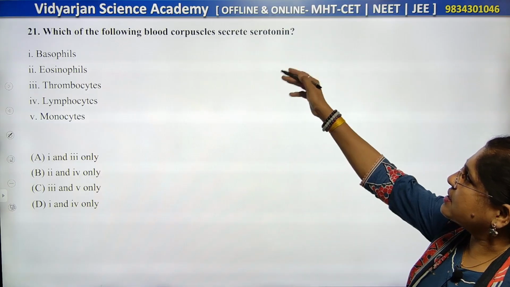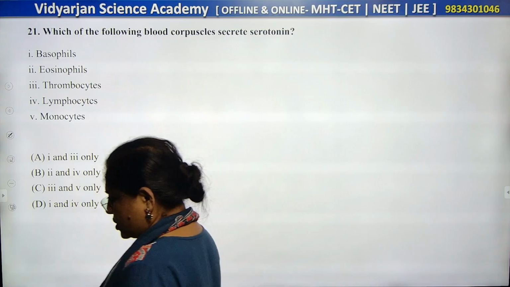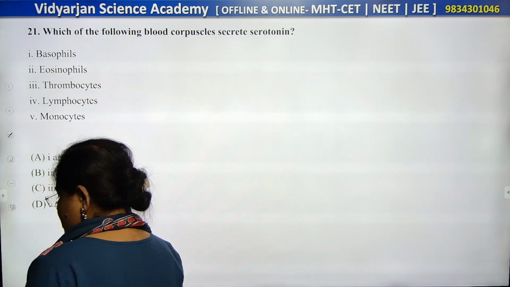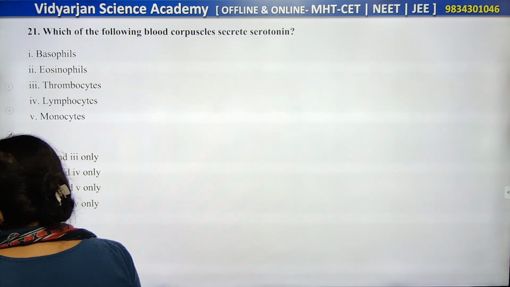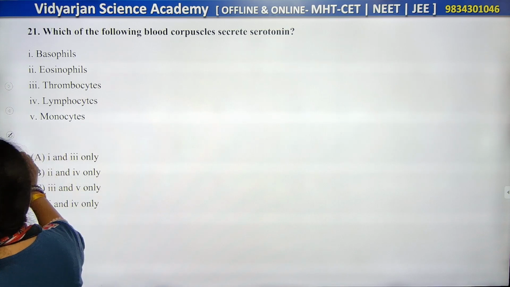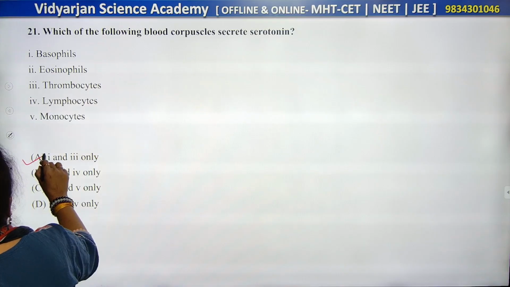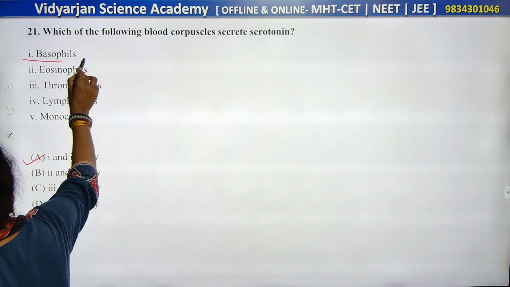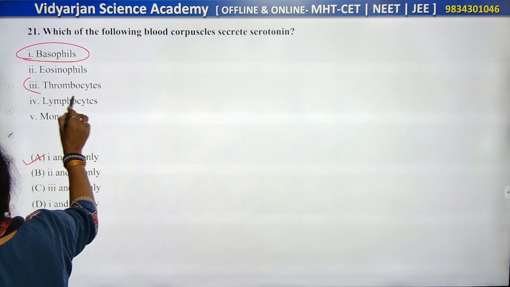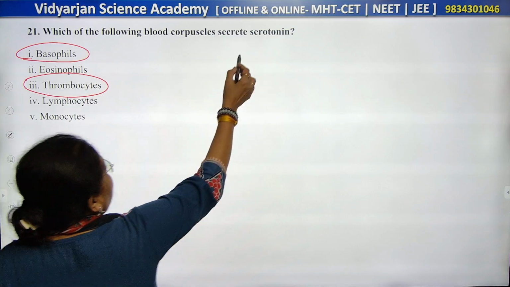So amongst these, which cells are responsible for the secretion of serotonin? What is the function of serotonin? So first and third. First is basophil and third is thrombocytes. Got it? So they secrete serotonin.